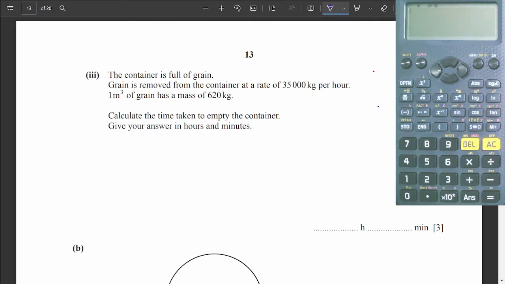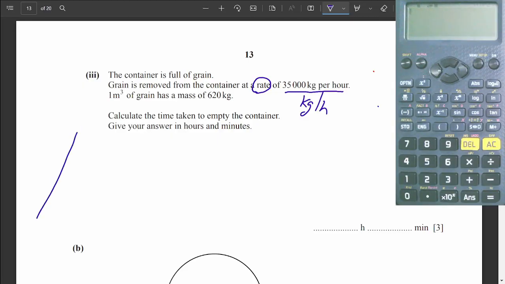Question 7a, part 3. There's a lot of information again, but if we use it correctly, it can help us. For example, the rate of 35,000 kilograms per hour, we can turn that into a formula. Kilograms per hour means kilograms divided by hours.